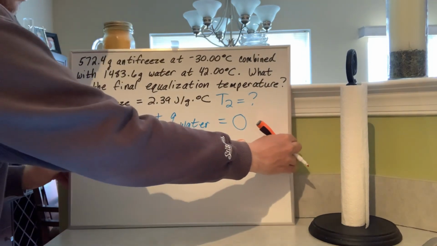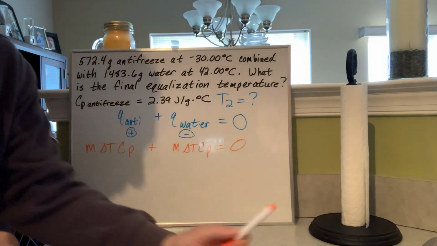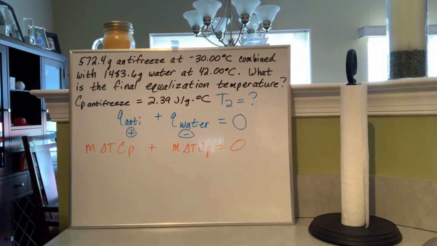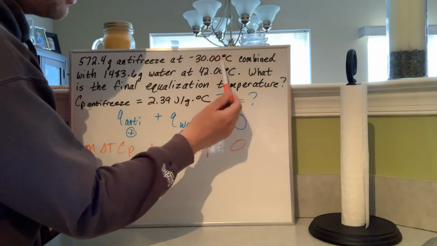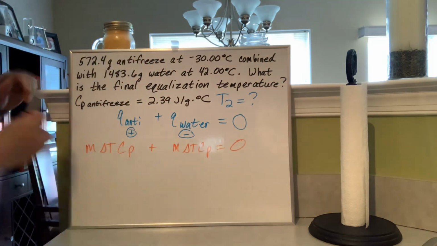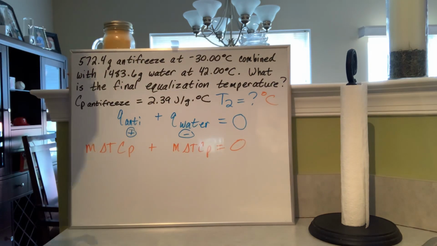I'll be all right with that. I didn't give you the Cp of water, but remember, it's all over your packet. It's 4.184. As far as your temperature goes, if you plug in Celsius for antifreeze and Celsius for water, your T2 will come out in degrees Celsius.